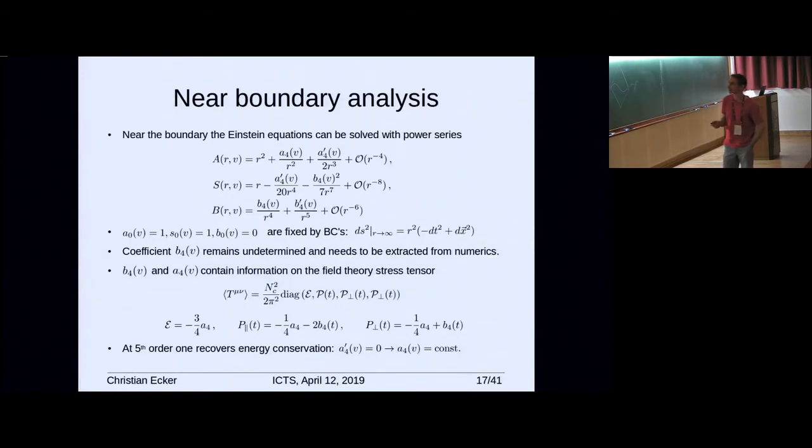And these are then the expressions for the energy density, the pressure in the longitudinal direction, and the pressure in the transversal direction. And in this specific example, if you do this expansion up to fifth order, you encounter that the derivative of this A4 is actually 0, which means that A4 is constant and your energy density is constant.